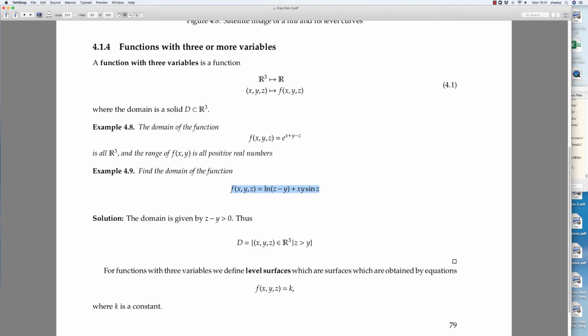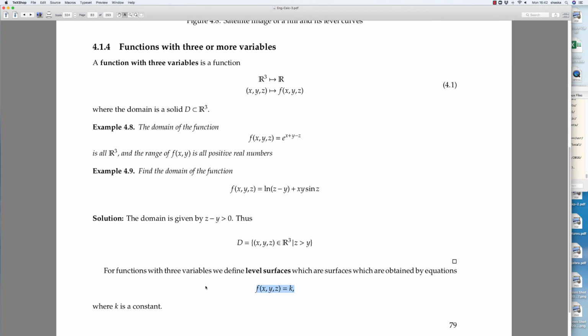Here now we don't talk about level curves, but we talk about level surfaces. Why? Because now we have the solid D, and when we say, let this function be equal to a constant k, we get something in the domain, right?